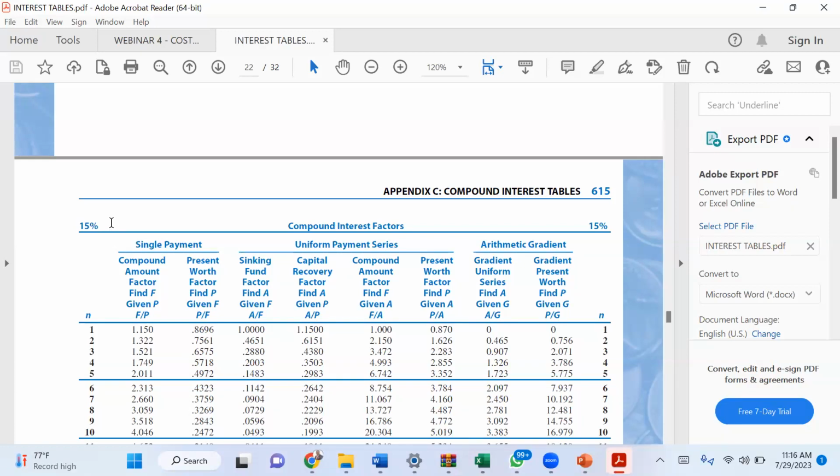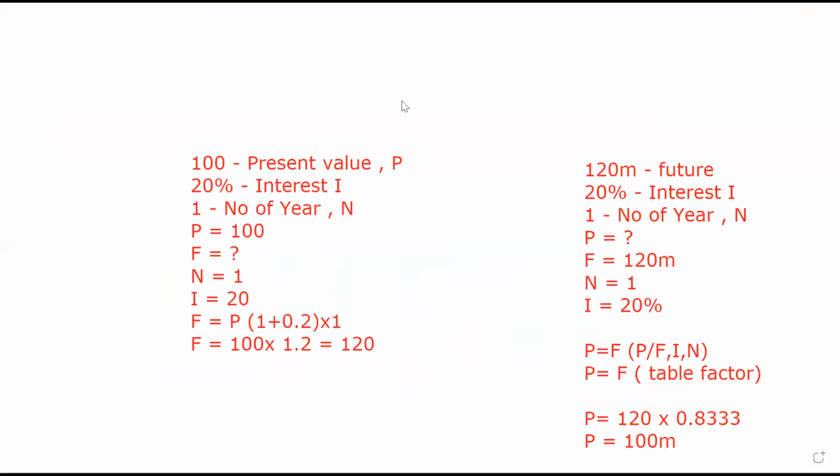I hope you're seeing my screen. After 5 years, the table factor says 0.4972. So if I'm expecting 200,000 as a future amount, the present amount now will be that future amount multiplied by the table factor.